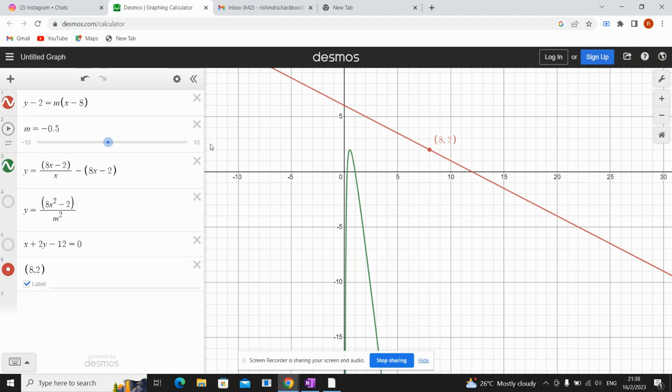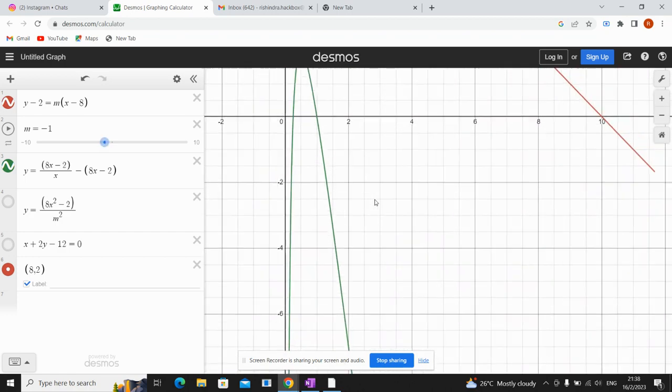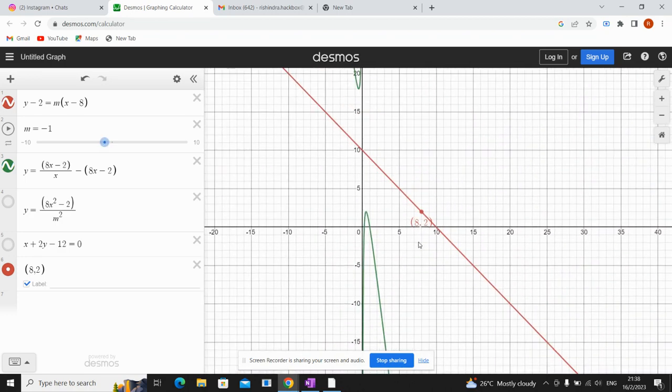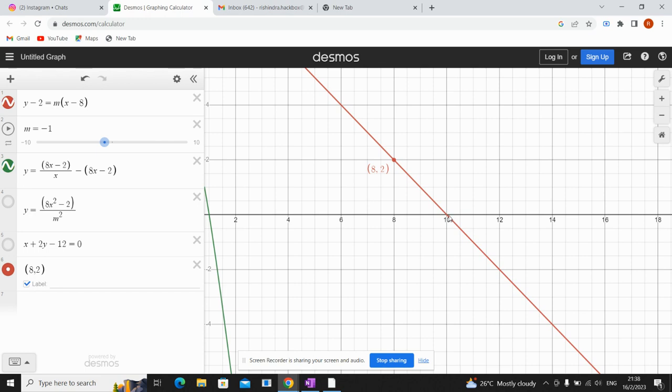Let's take a random value, minus 1, so the slope is minus 1.